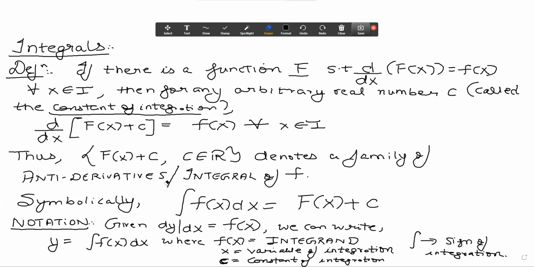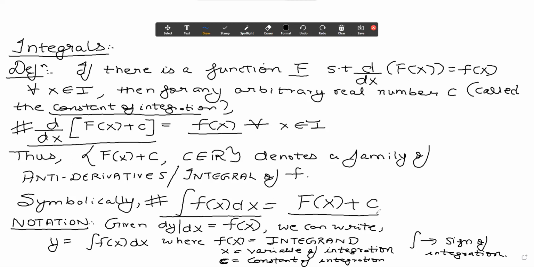If you differentiate capital F of x, you will get small f of x. Very simple. You can see it on the screen. And C denotes the constant of integration.